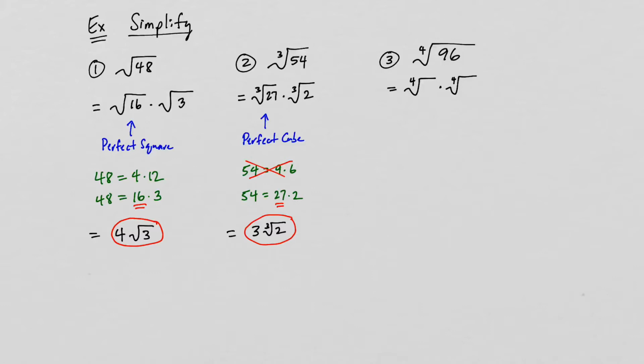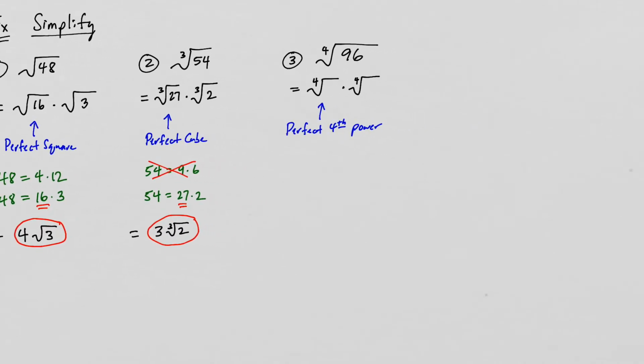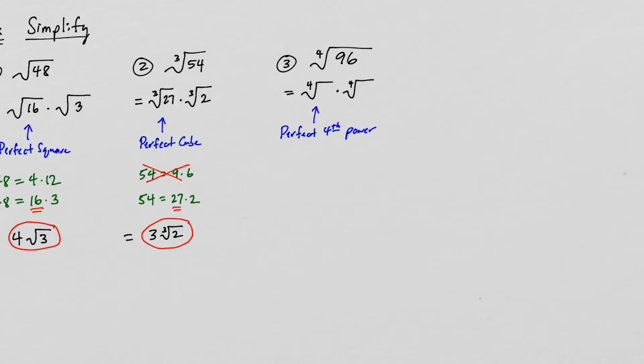And what we need here is a perfect fourth power. And you may not know what number divides into 96 that is also a perfect fourth power. So it's entirely possible that what you'll have to do here is make a factor tree for the number.